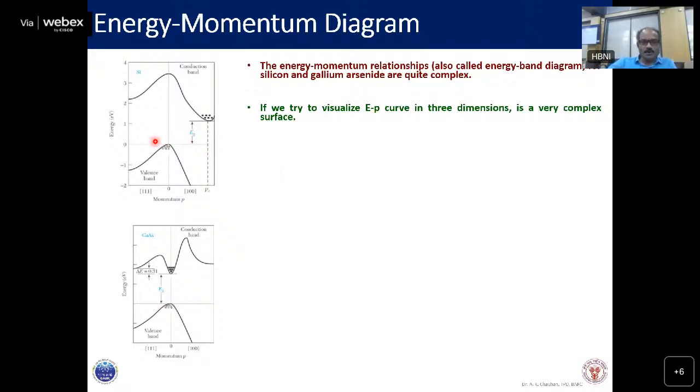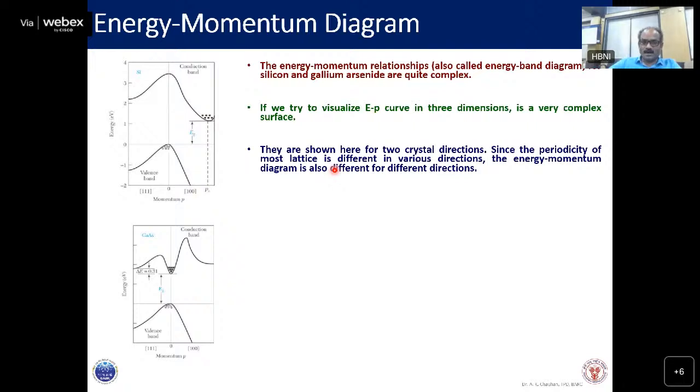Here we are showing it in one direction, and this is in a different direction. If you plot the same along the 100 direction only, it will be symmetric. Now I am showing here 100, and here 111, so that's why it is not looking symmetric. Just don't get confused about this.